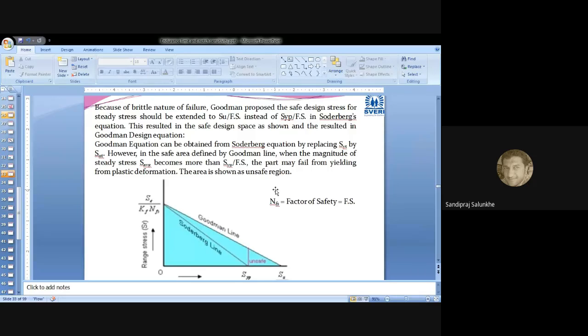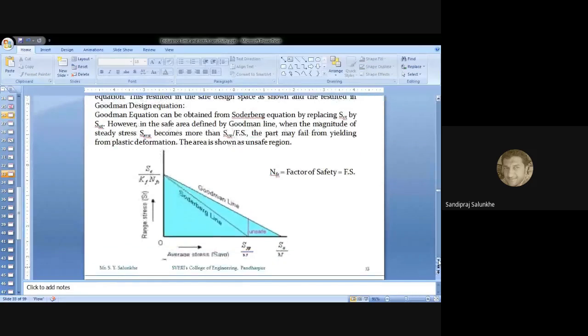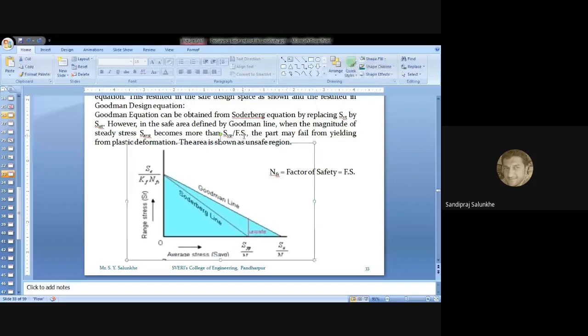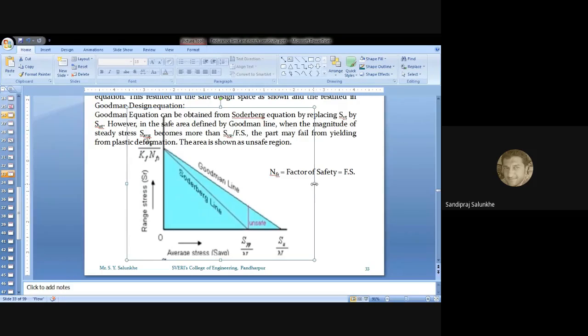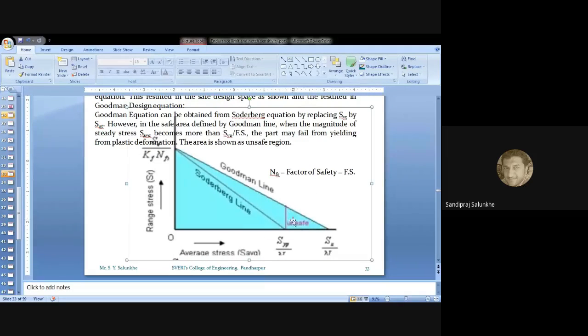If not, on this slide I have shown the comparison between the Soderberg and Goodman diagrams. Now, in the case of the Soderberg and Goodman diagrams, can you see this region where it is written as unsafe, which is related to the yield stress value and ultimate stress value?